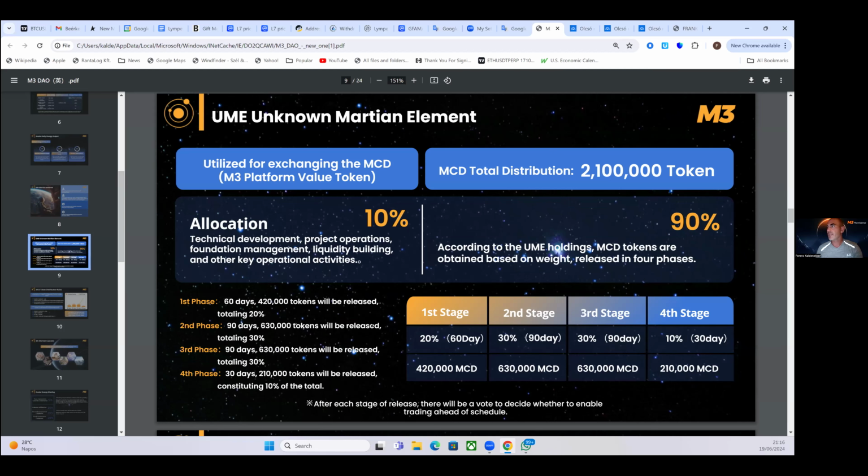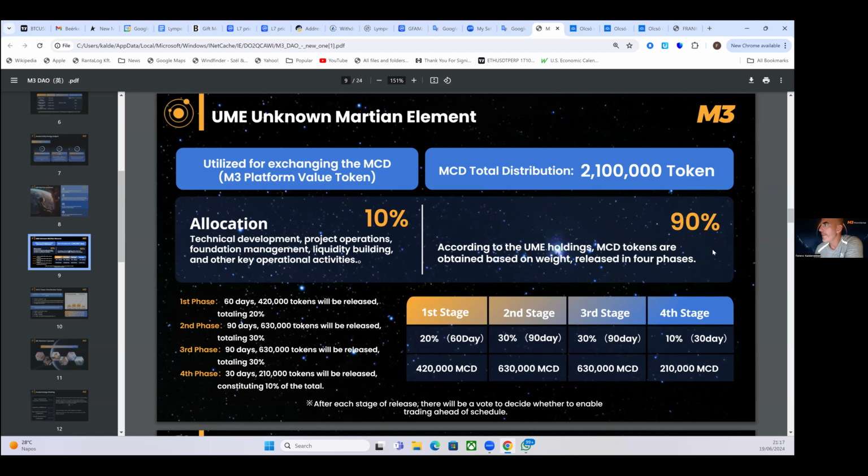So basically, you look at the tokenomics. We have 2.1 million tokens in total. It's a really low supply. As you can see, during the first 9 months period, adding together 2 months here, another 3 months on the second stage, another 3 months on the third stage, and the fourth stage has 10%, which is 30 days.